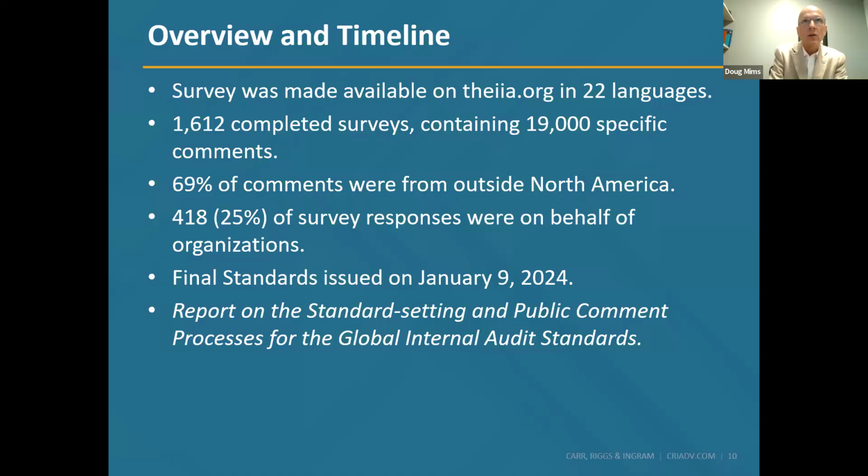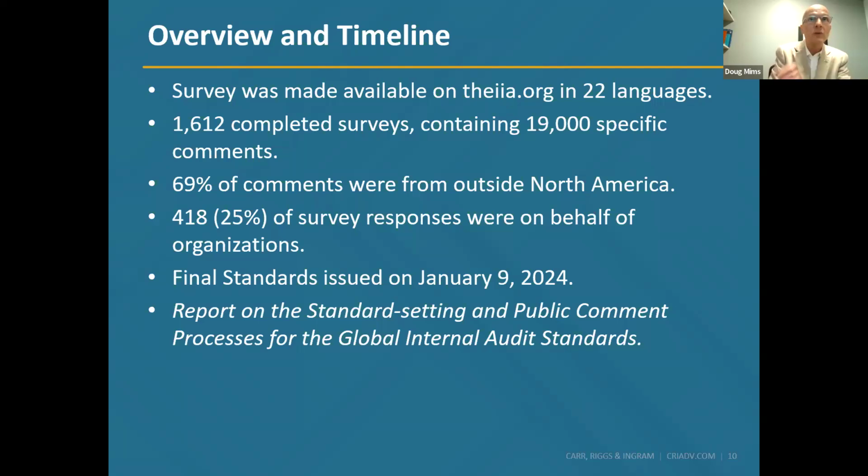So how did this all come together? Over that 2-year period, they did surveys and they were made available in 22 languages. We sometimes forget, but as CIAs, it's a global certification. It's not a CPA. It's not unique to the United States or any particular country. It's global. So it was distributed in 22 languages.